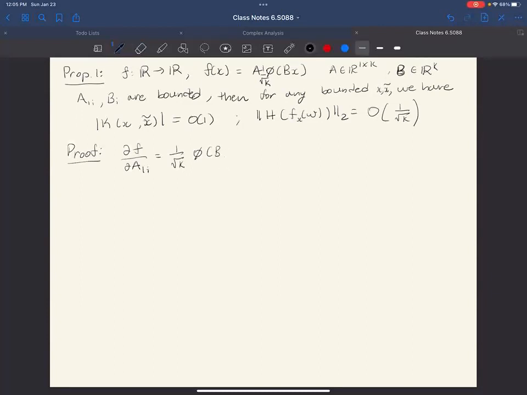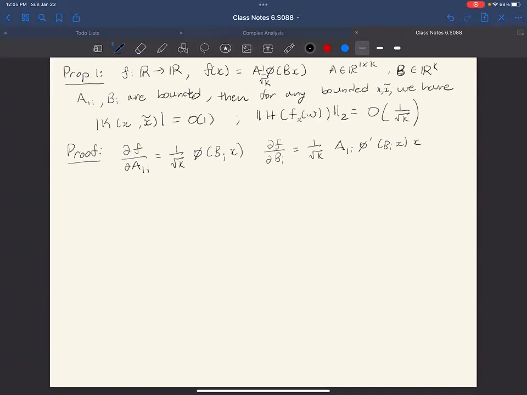It would have been b_i colon, but there's only one scalar here because x's are scalars. And then partial f with respect to partial b_i is 1 over root k a_1i phi prime of b_i x times x. This is the computation we did before for computing the neural tangent kernel.